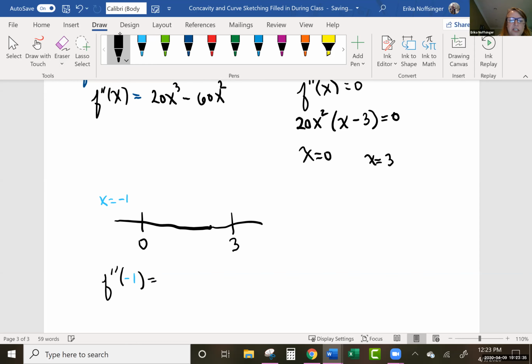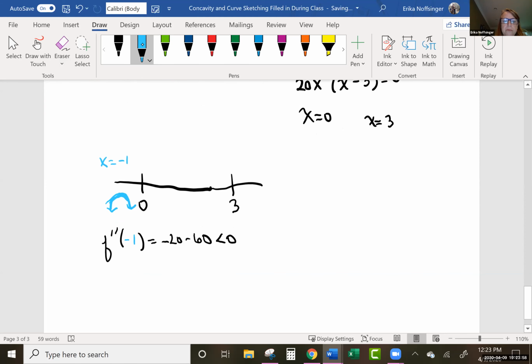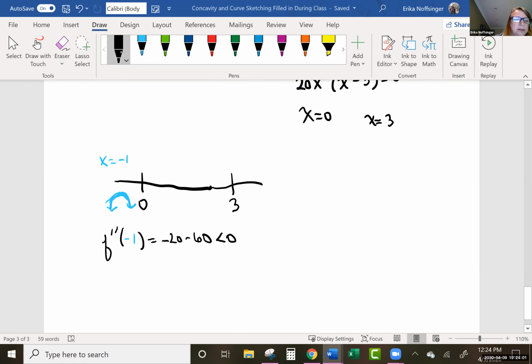So I have -1 cubed, that's -20. -1 squared, that's positive, -60. So this number is less than 0. And so that tells me that my function is concave down on the left of 0. My guess is that it's still concave down in between 0 and 3, because I don't think it changes concavity there, but let's check it.